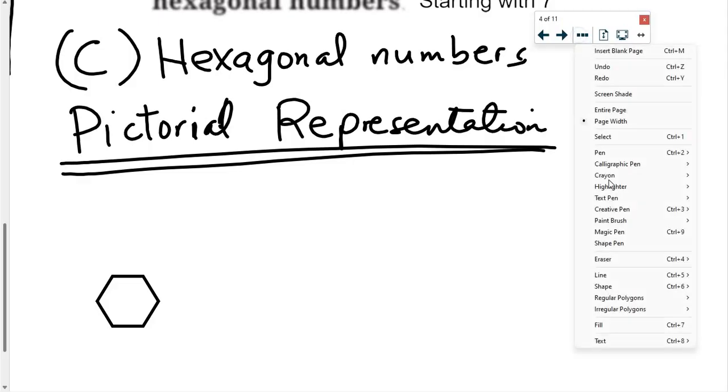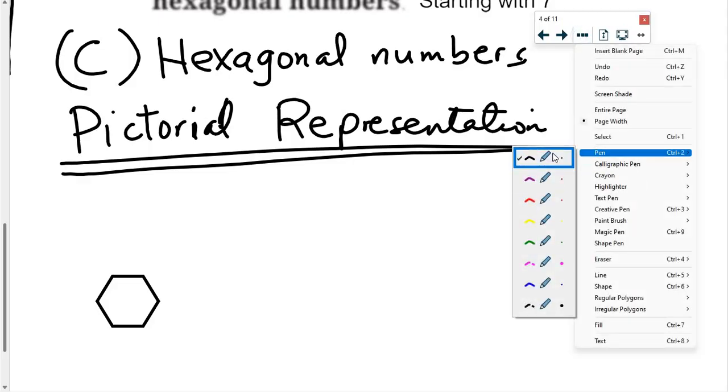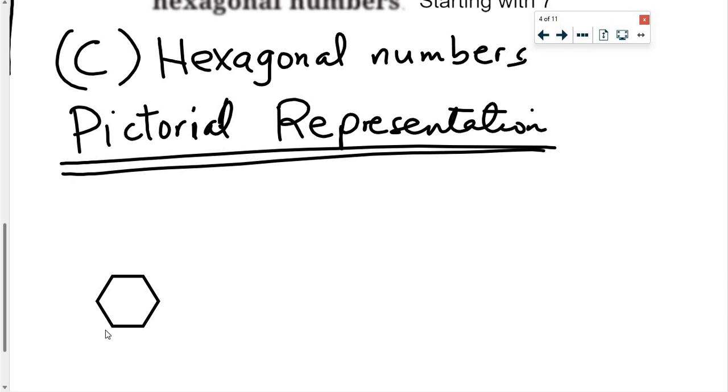This time, start drawing a small hexagon. And on this small hexagon, indicate dots. The first dot, 1, 2, 3, 4, 5, 6. And you add 1 dot at the center.